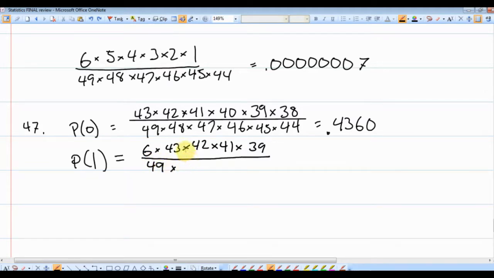Question: if I put the 6 at the end and I started with 43 out of 49, 42, 48, so at the end I would do 6 out of 44, would that be the same? That's fine. 49, 48, 47, 46, 45, 44.